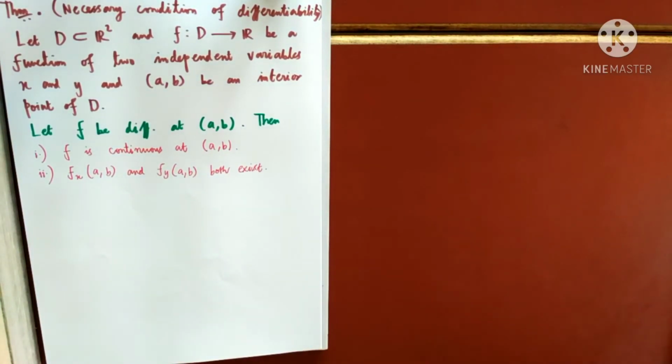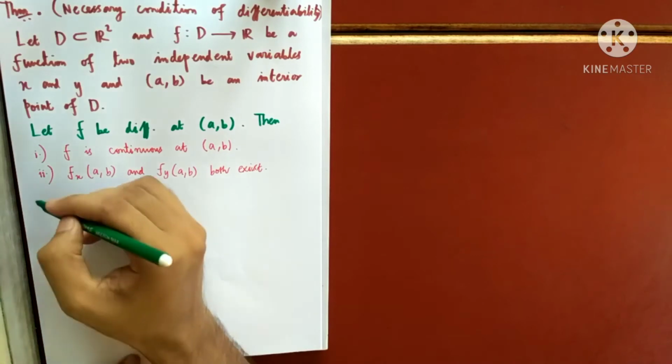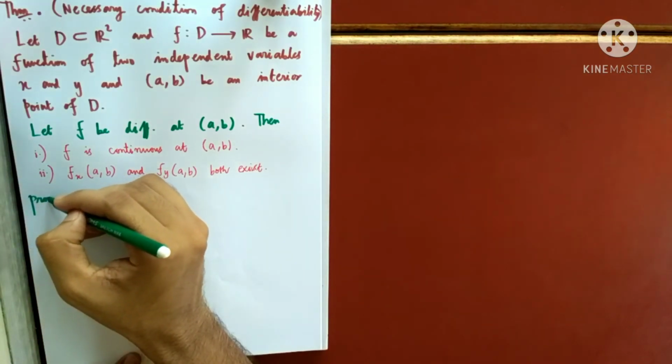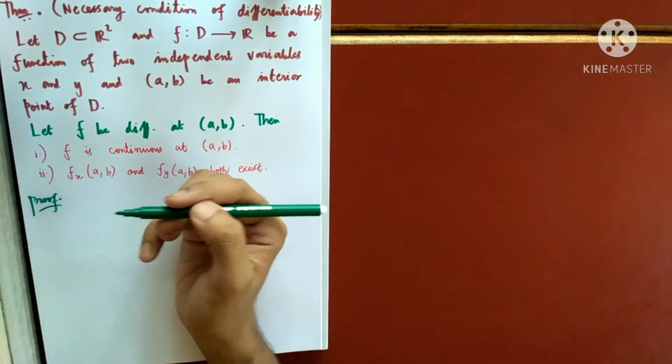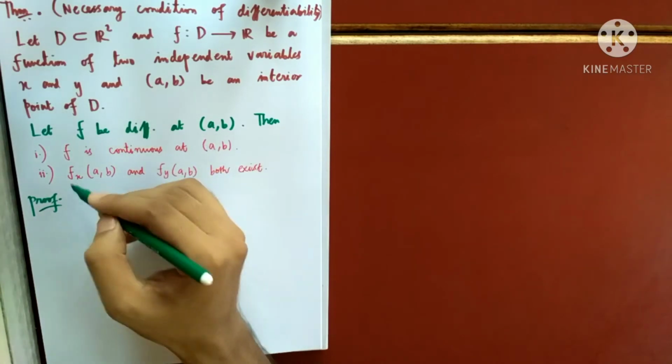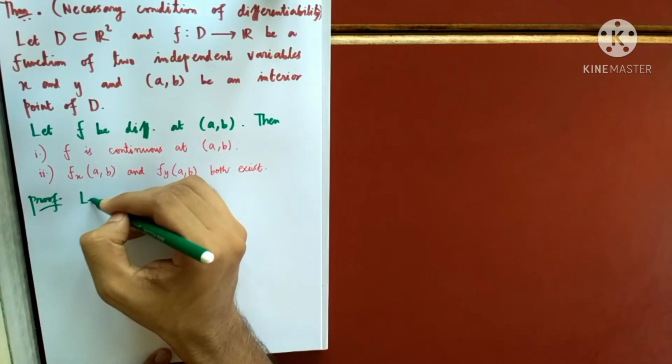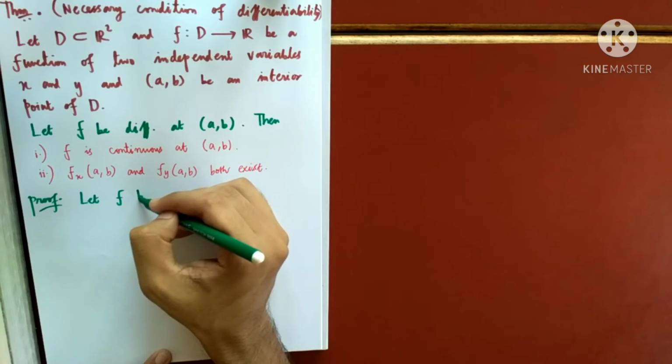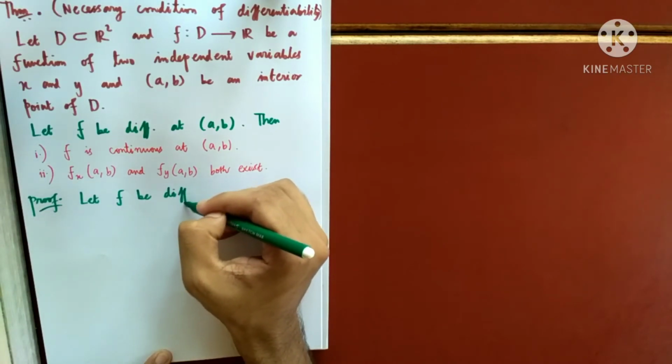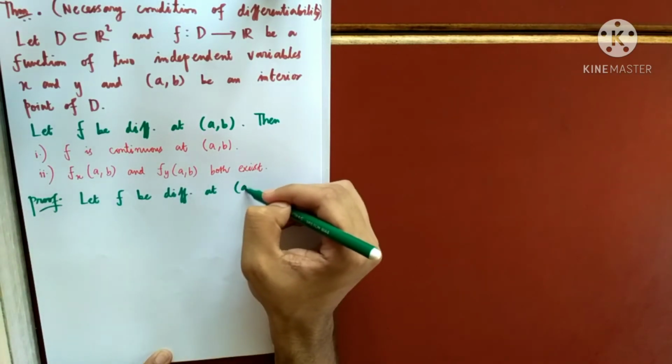See, from the exam point of view, these theorems are not important, but still I will show you the proof because you should understand everything. So let's do the proof of this theorem. I am assuming that f is differentiable at a comma b.